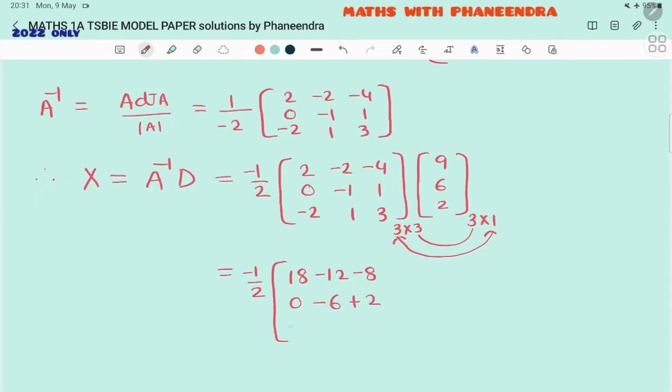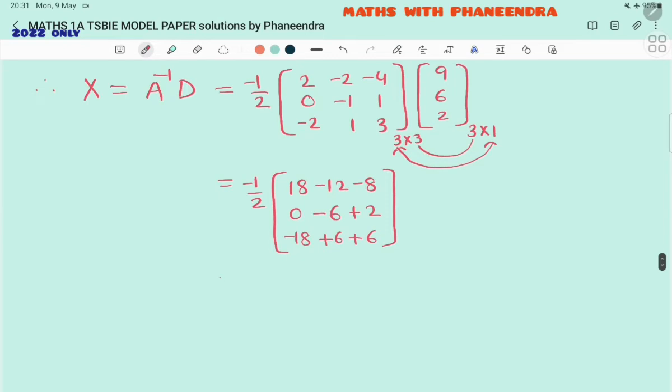Minus 2 into 9, 18, minus 1 into 6, 3 into 6, 3 into 2. So which is equal to minus 1 by 2, minus 2, minus 4, minus 18 plus 12, minus 6.